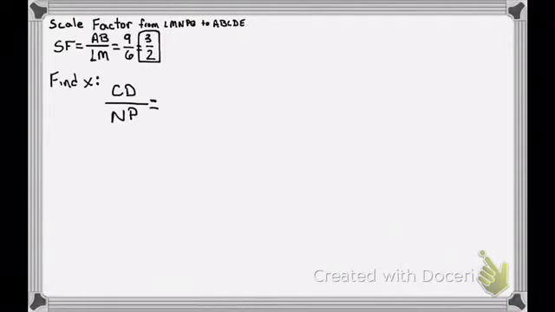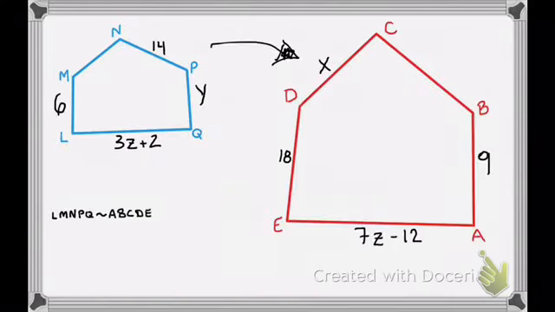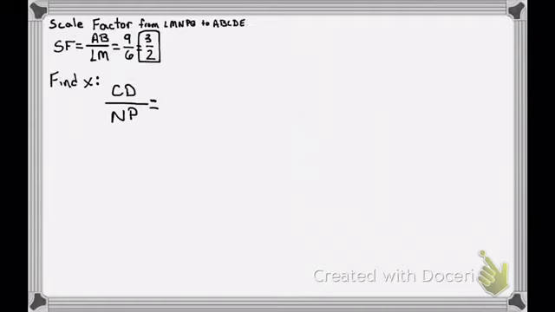And so I've got CD compared to NP, and now I can jump back again, making sure I've got the right values. CD is x, and NP is 14. So I have x over 14. Now, that alone will not allow me to solve for x. But because I have the scale factor, I know that whatever x is, when this fraction is all done being reduced, it should reduce down to 3 over 2.